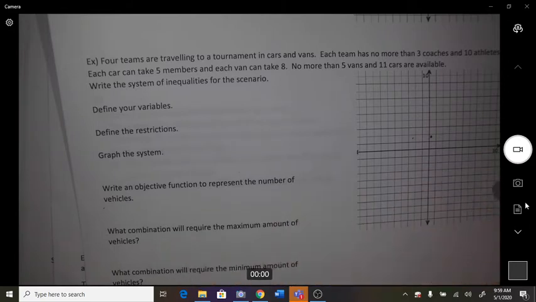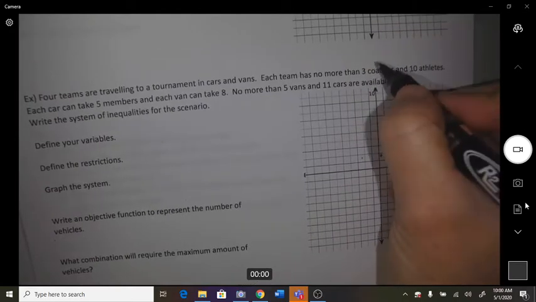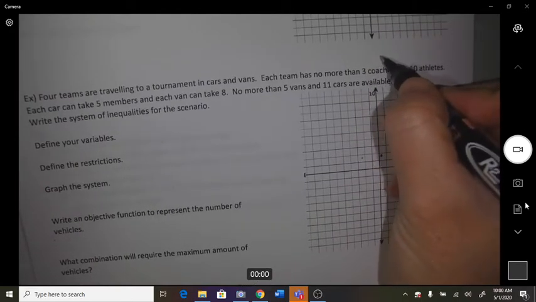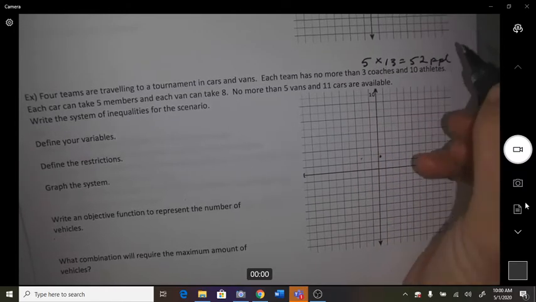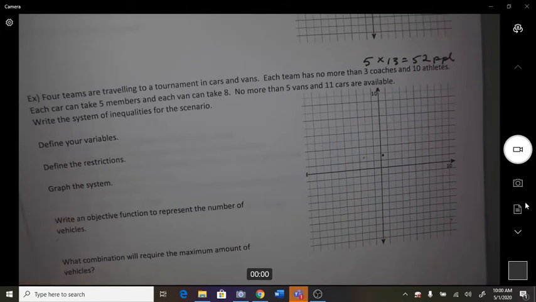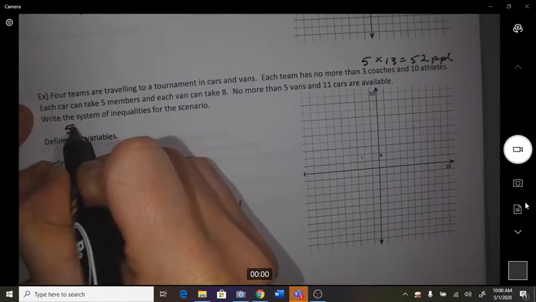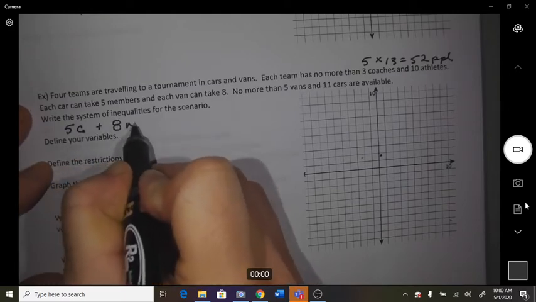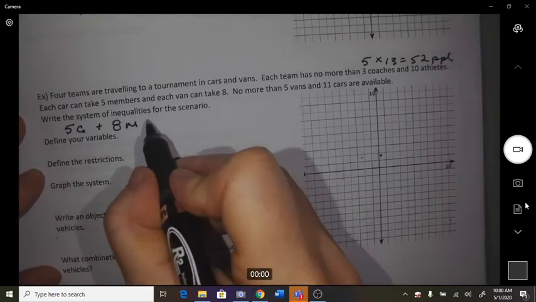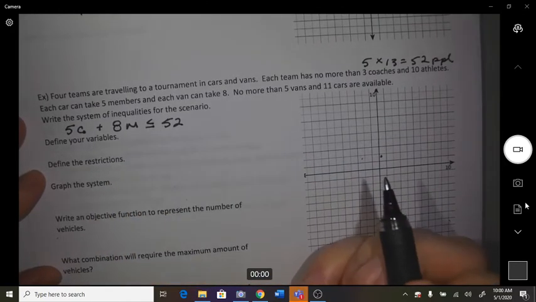So let's just talk about people here. We have 4 teams, so that is 52 people. So let's just think that we can't have any more than 52 people. So 5 people for each car, 8 people for each minivan, and we don't want the people to be higher than 52.